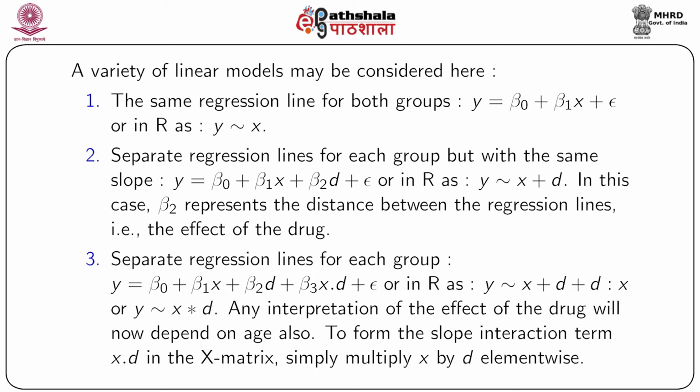If we want to differentiate between the two regression lines based on the group, we need to add a third term, which is the interaction between the medication and the age. So we introduce into the model a third interaction term, of the following form: y equals beta 0 plus beta 1 x plus beta 2 d plus beta 3 x times d plus the error term.